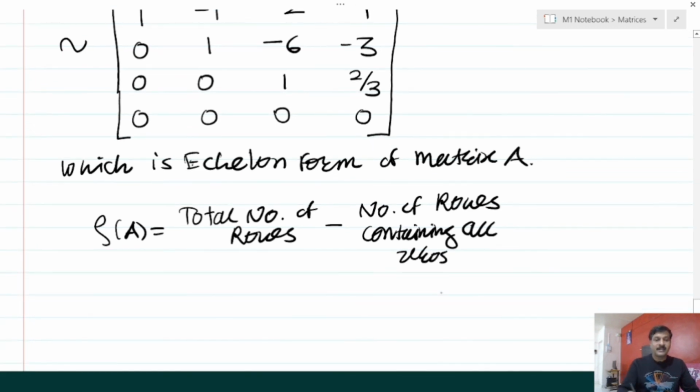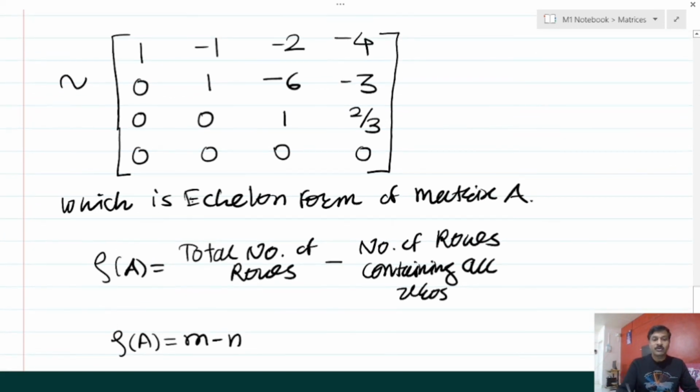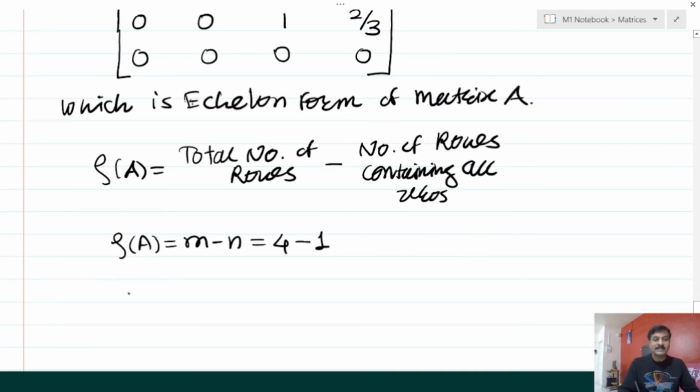So I will denote total number of rows as m and number of rows containing all zeros as n, so rank of A equal to m minus n. So here total number of rows 4 and number of rows containing all zeros 1. So what is the rank of A? So required answer, rank of A equal to 3, which is your final answer.